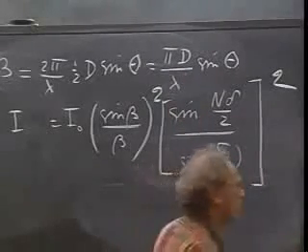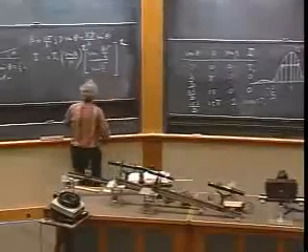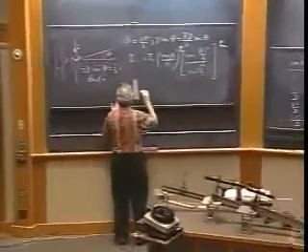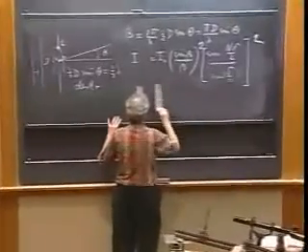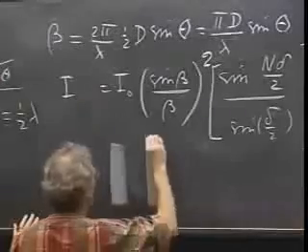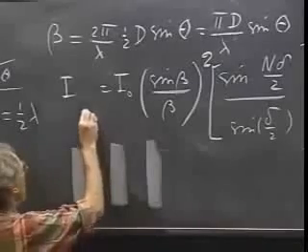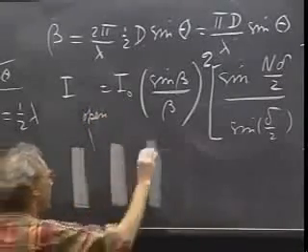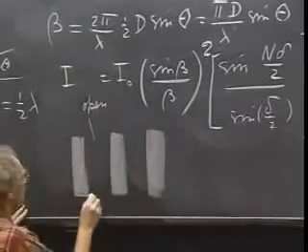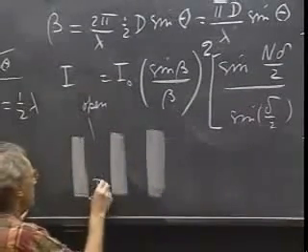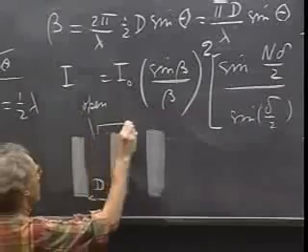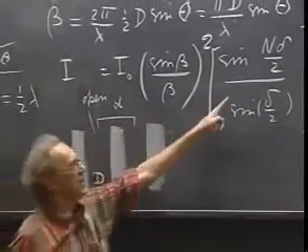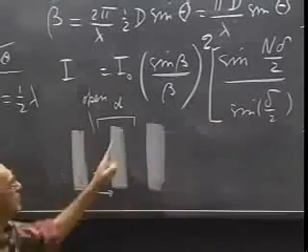So to make sure that you understand the difference between D and the two Ds, if this is my grating, and this is the open area, and this is where the light cannot go through, then the definition of little d is this, and the definition of this is capital D. And that little d shows up in here, and this capital D shows up in there.